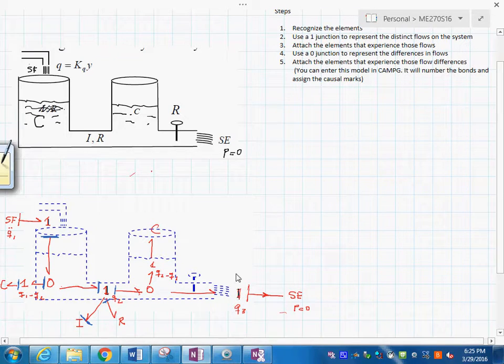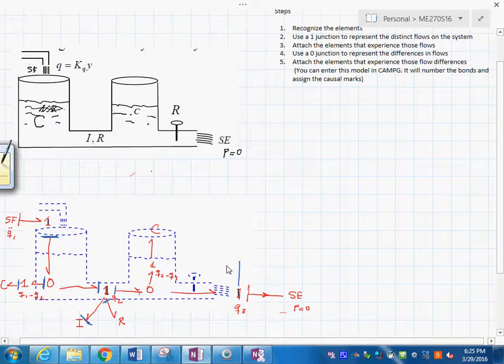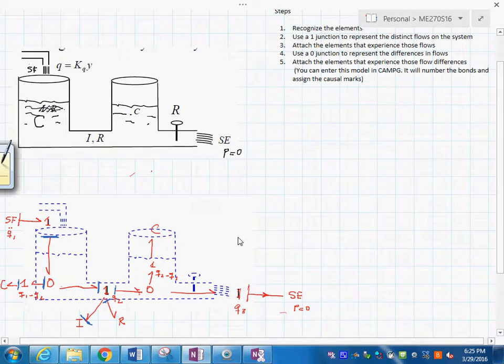We need to assign this integral form to the C element and then see what happens with the rest. So in here we go, okay, right here, there you go, assign it. That makes this like this, and if that assigns the effort here, the other one has to be like this, and then this one junction will complete like this.